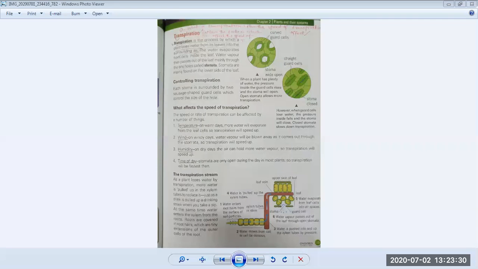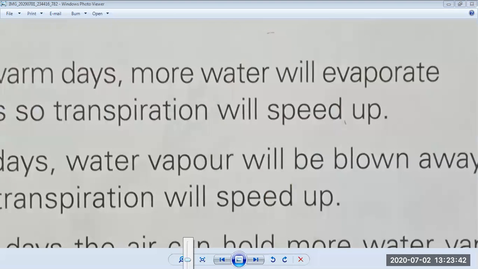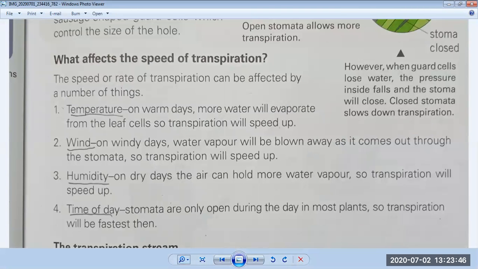There are different factors which can affect the speed of transpiration. You can see number one is given. The rate of transpiration can be affected by a number of things.